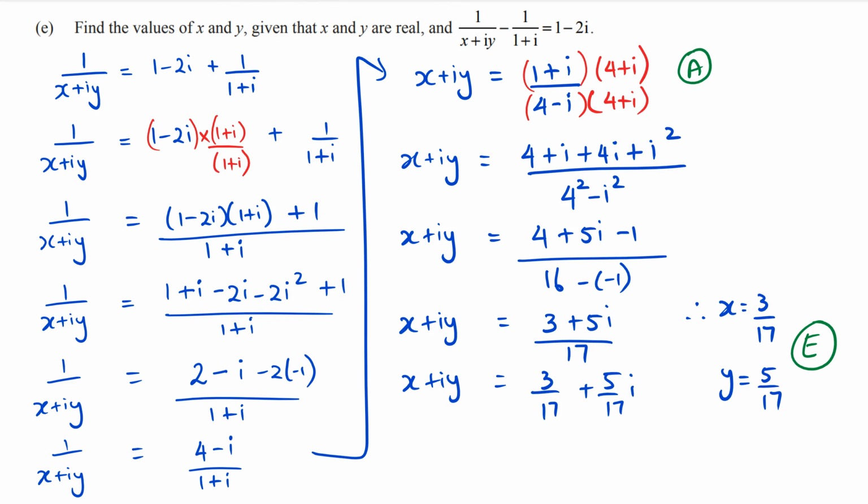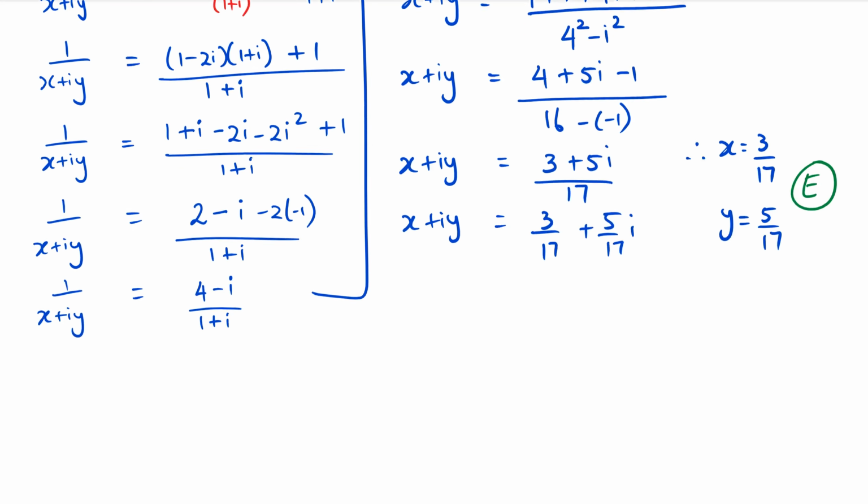Reduction or equates real and imaginary parts. Reduction of 2 terms. Yeah, I'm not sure what that actually means in that answer schedule, but like I said, the answer schedule has a slightly different way of doing this question, and I've done it in a different way. So yeah, I'm gonna kind of leave it at that, guys.